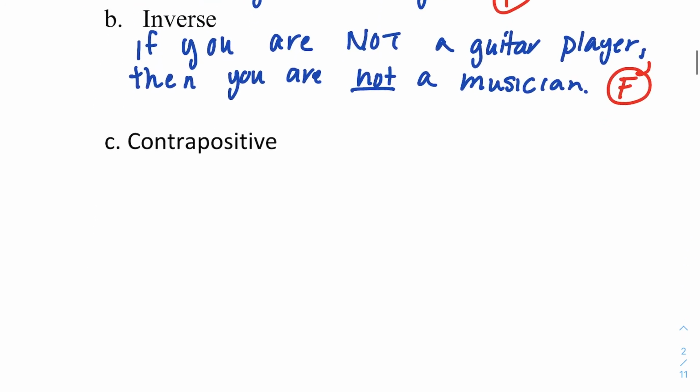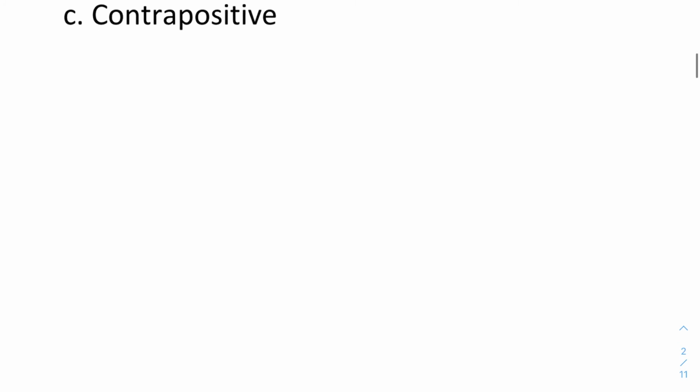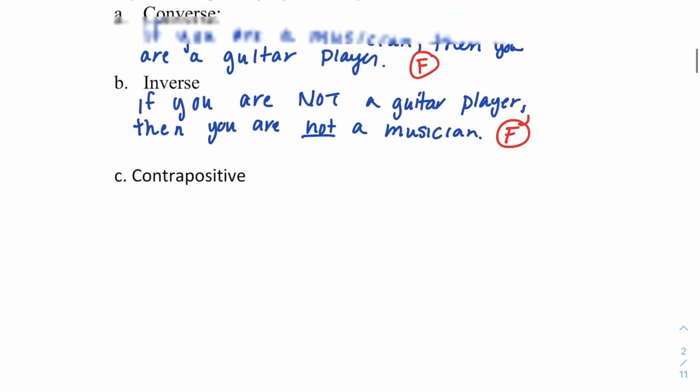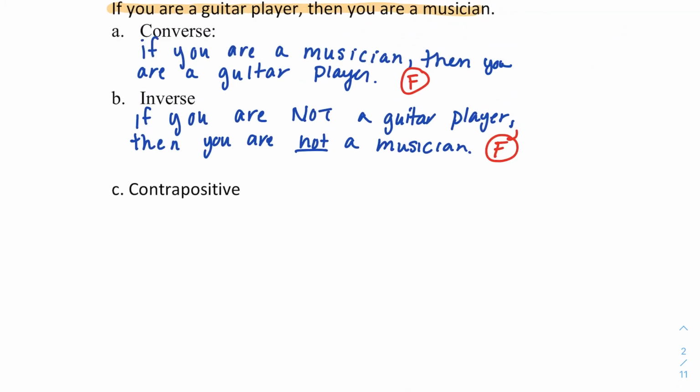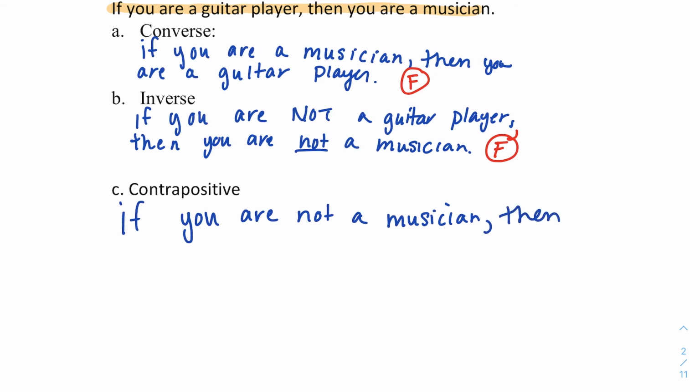All right, next, contrapositive. Contrapositive is when you're going to flip and negate. So for this one, if you are not a musician, then you are not a guitar player.